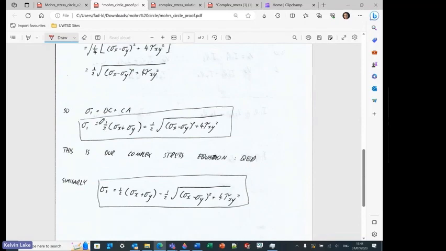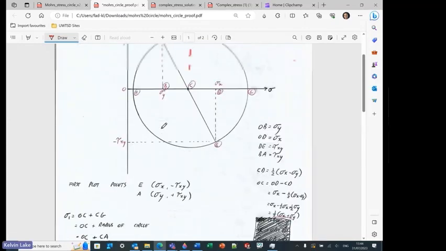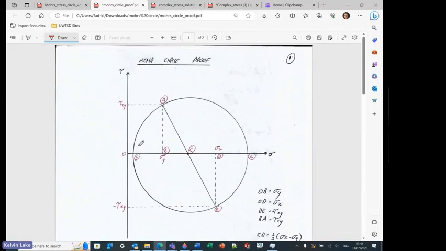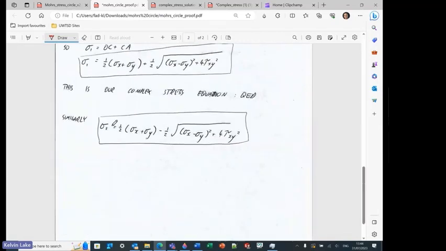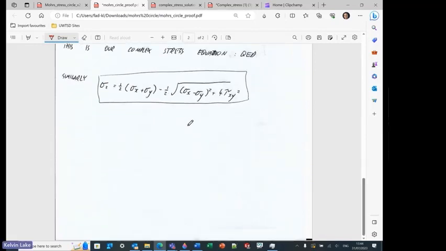It's the origin of the circle to the center of the circle plus the radius of the circle. And sigma 2, if we were to read sigma 2 from that diagram, position F, that's exactly the same as using this information here. It's the distance from the origin to the center of the circle minus the radius of the circle. Okay, so let's now try and construct a Mohr's Circle and have a go at some of those questions.